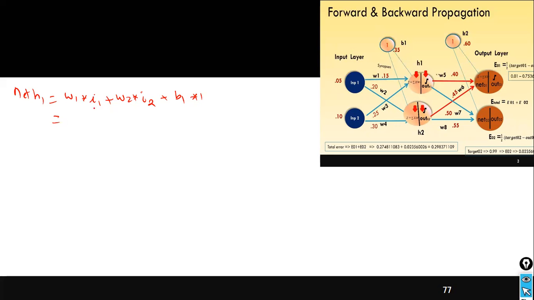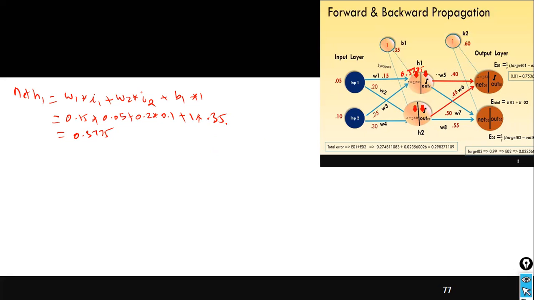If you simply plug in the values, you will get 0.15 into 0.05 plus W2, which is 0.2, into 0.1 plus B1 which is 1 into 0.35. And this gives me 0.3775. I'm not going to write it for everything because this will get cluttered here.